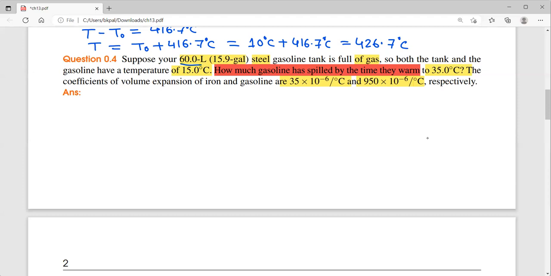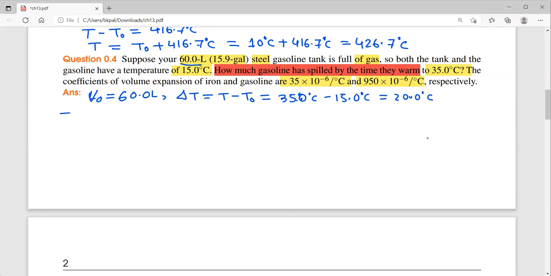For both the tank and the gasoline, the original volume is 60 liters. For both, delta T is the final temperature minus the initial temperature, 35 degrees Celsius minus 15 degrees Celsius, which is 20 degrees Celsius.